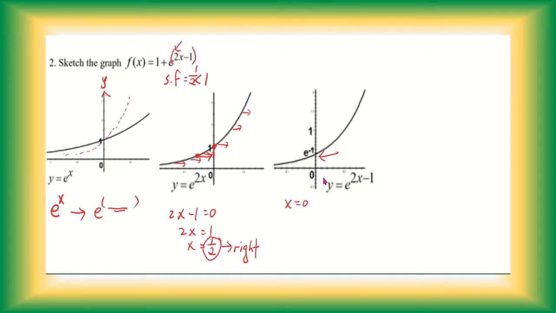So we sub the value of x into this one. y equals e to the power of 0 minus 1, so y is e to the power of -1. So we label the y-intercept here. Up to here we have finished all the x transformation.